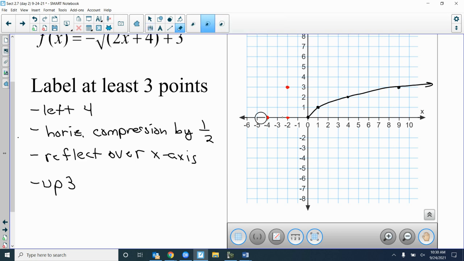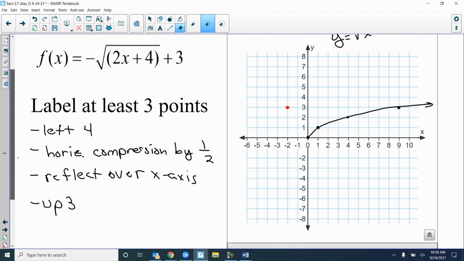Now, since I do have an equation, if I plug in -2, I better get back 3. All right, test it. Just do mentally here. 2 times -2 is -4. -4 plus 4 is 0. So that whole thing is 0. Add 3, you end up at 3. So that makes sense.